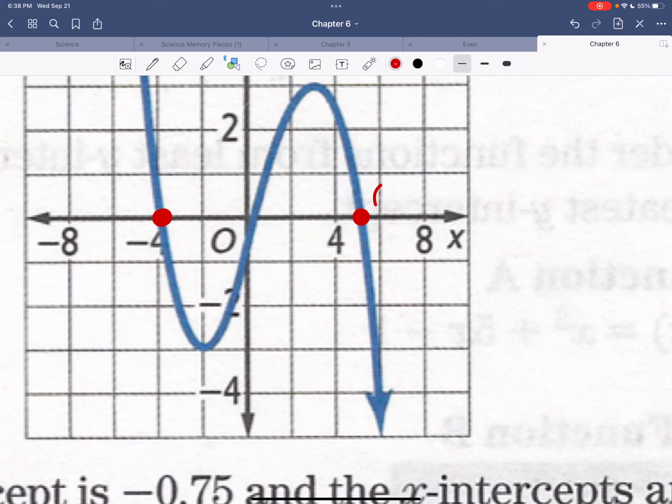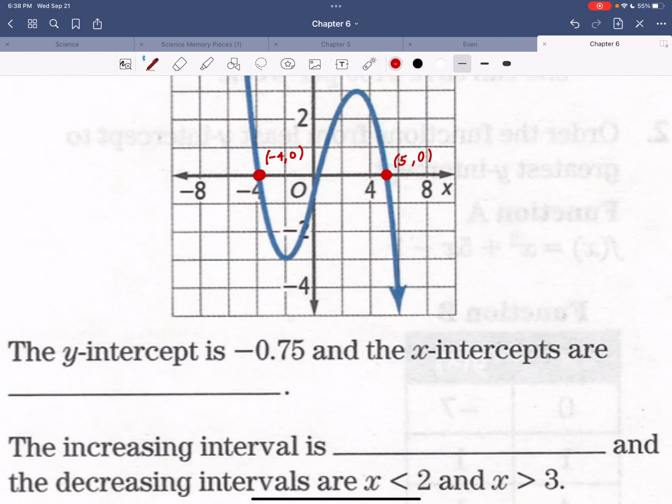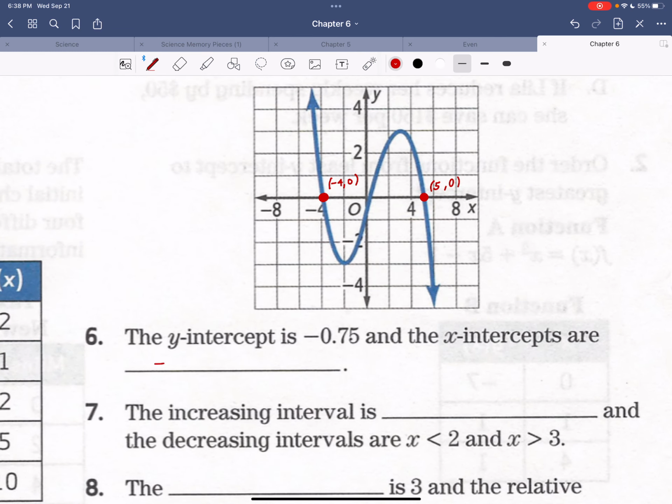So this is at, I know y is 0. X is at 2, 4, 6, 8, 2, 4, 5. And then back here, x is at -4. So -4 and 5 are the answers here. You can put them in either order.